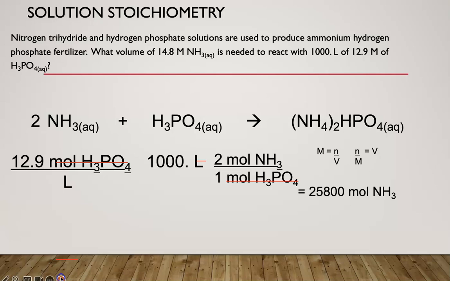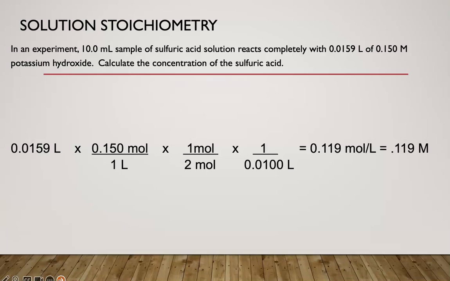And then, of course, you took your moles and divided your moles by your molarity to get the volume in liters, which is what we're asked for. Oh, I am so sorry that this didn't turn out right.